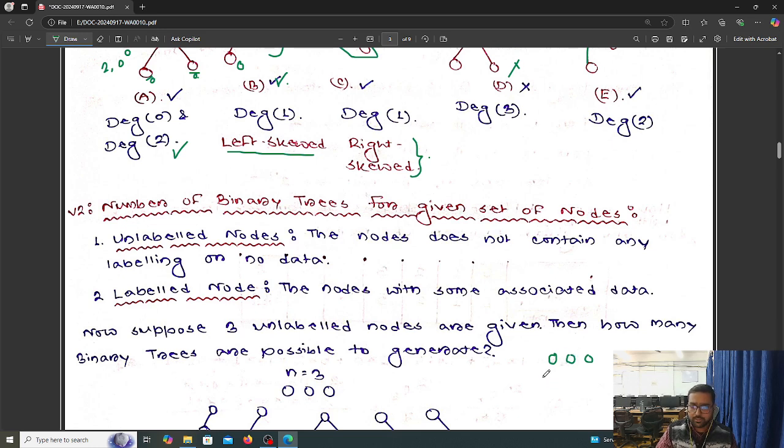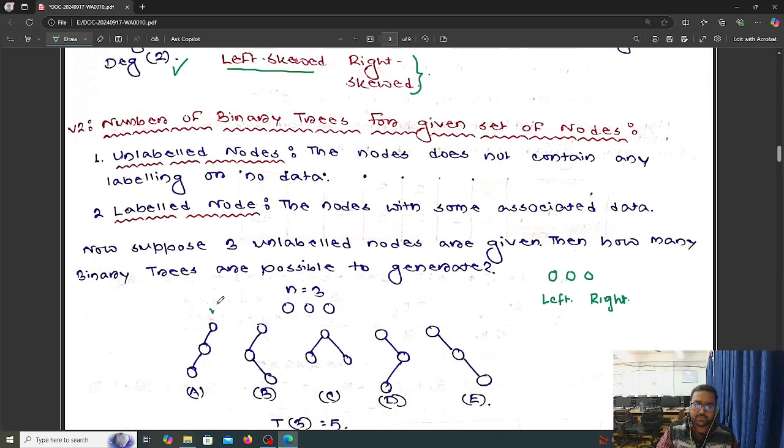First, we can generate one left skewed binary tree and also one right skewed binary tree. Is there any other way possible that we can make some binary tree? So the first one is left skewed, right skewed, it is done. Now, instead of taking the left child of the left child, we can take the right child also, this is also possible, and just the mirror image of it is also possible.